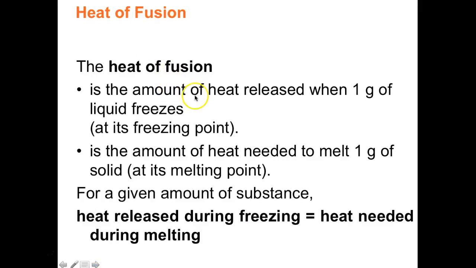Heat of fusion is the amount of heat needed when 1 gram of liquid is freezing and becoming ice at its freezing point, or the amount of heat needed to melt 1 gram of ice at its melting point. So the heat released during the freezing process is the same as the heat needed during melting.